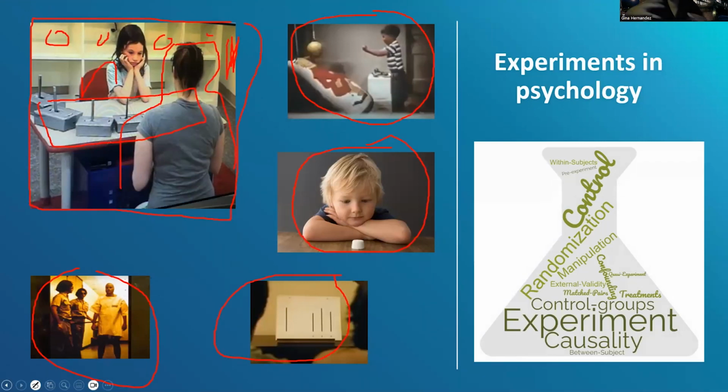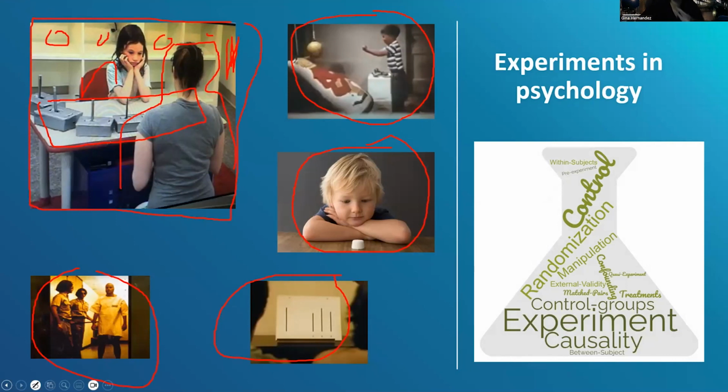So someone different talking to you doesn't influence the results. So we want to be careful where we are testing people, at what time of the day, who is testing them. So you have to be careful with everything that may influence the results of the experiment.